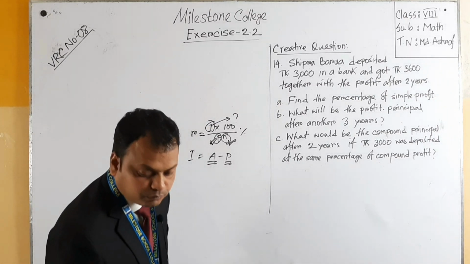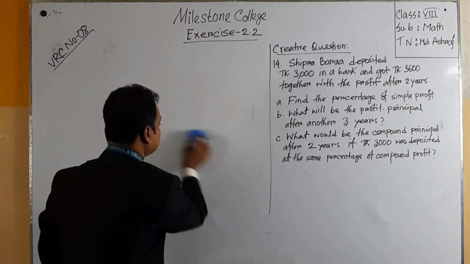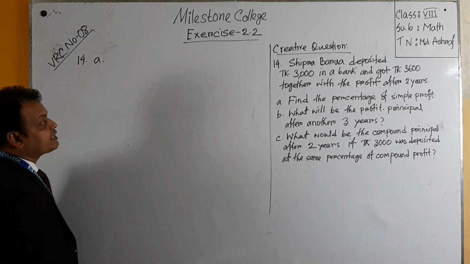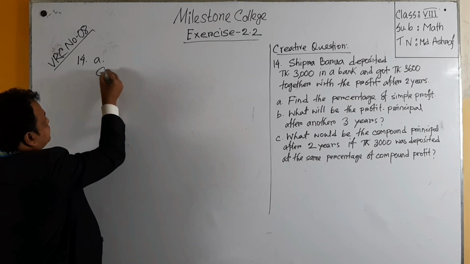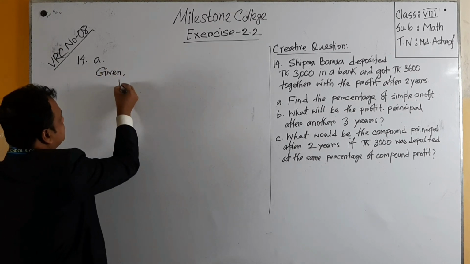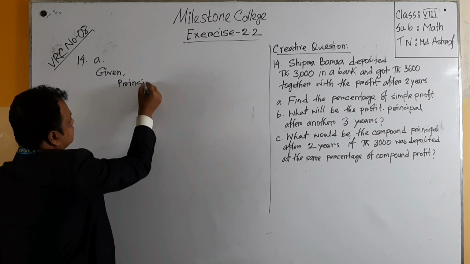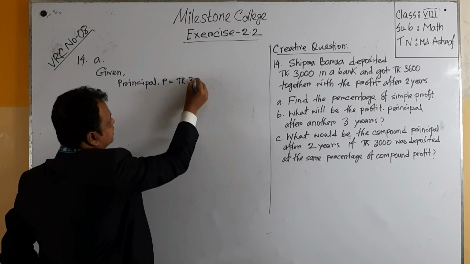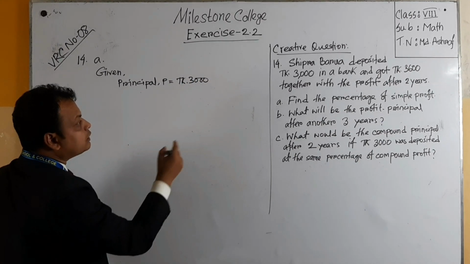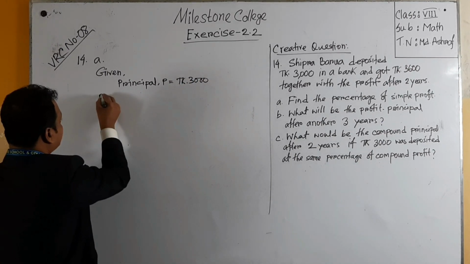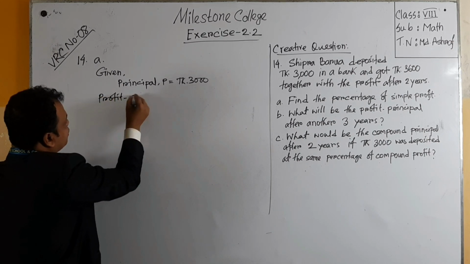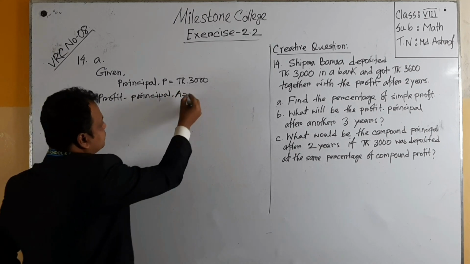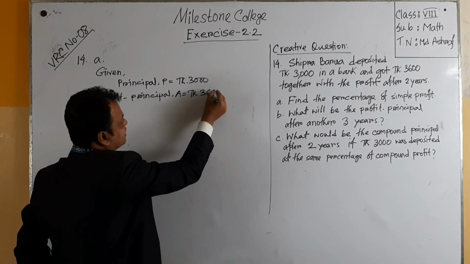Let's start. Answer of question A. At first we will write given: principal, P equals to taka 3000. Then 3600 is profit principal, A equals to taka 3600.